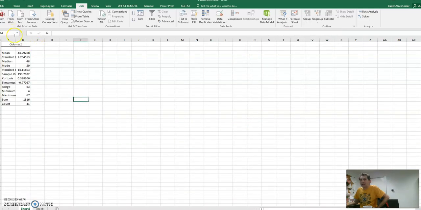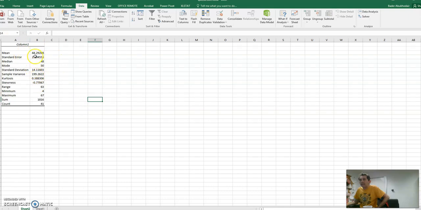So you notice that the computer will give you right away the mean is 44.29, the median is 48. The problem here, be careful with the mode, because the mode here is a single mode. Sometimes you will have multiple modes, so this is not going to work.